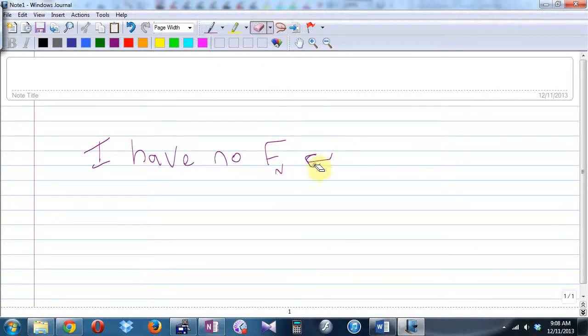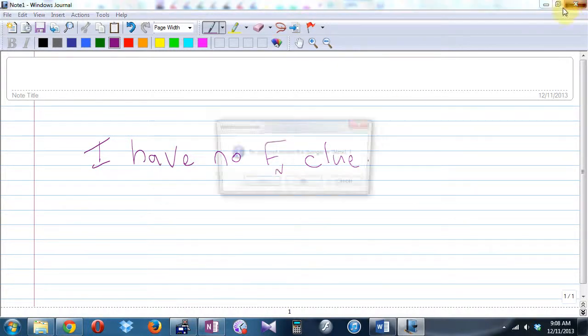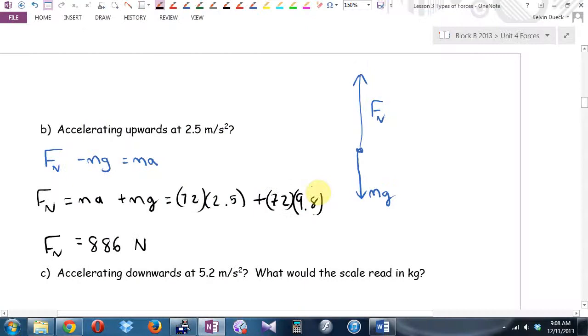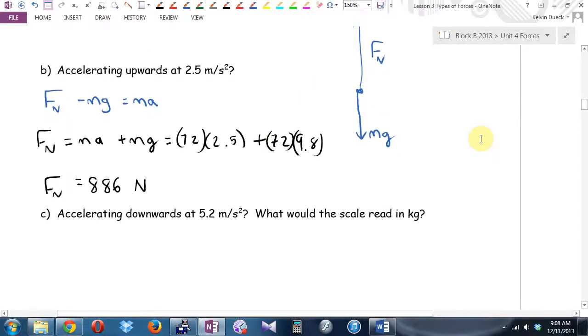This would have been funnier if my pen hadn't just glitched right now. So he'd written that. I have no FN clue. At least he knew what the normal force abbreviation was, but he still got 0 on the question, right? Pick your pencils up. Not really, because the provincials were worth 40% of your grade. It really wasn't that. It was funny, but anyway.